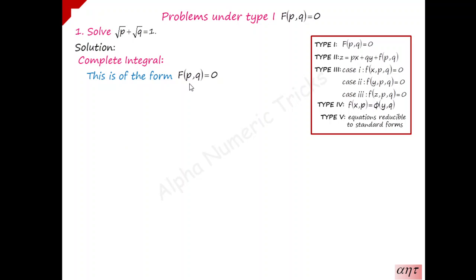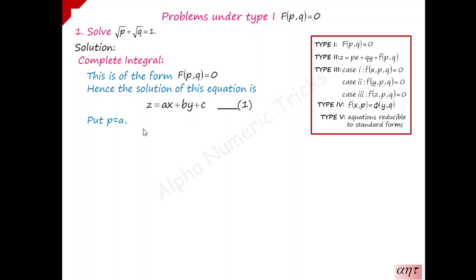First, for this type of problem, you have to write the assumed solution. The assumed solution of this given problem is z is equal to ax plus by plus c. Number that equation as 1. This thing you should remember, no other way. You have to remember this assumed solution.